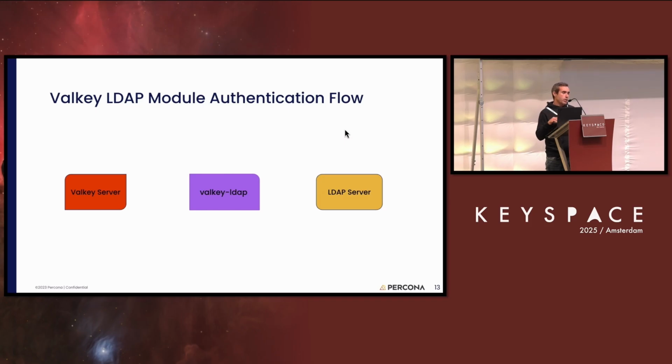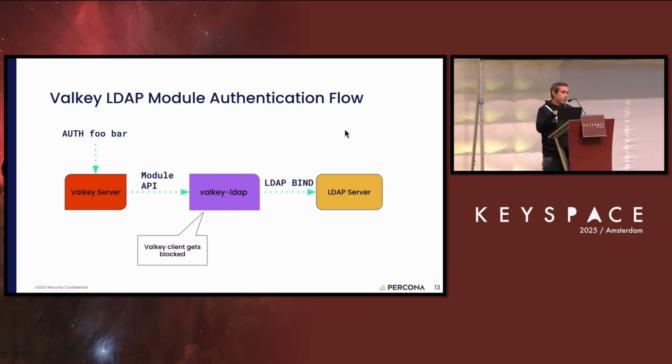So the way the authentication works when someone runs the auth command in Valkey to authenticate: it still does auth user and password, in this case foobar. The Valkey server will call a module API method that will be served by the valkey-ldap module. The valkey-ldap module will contact the LDAP server.